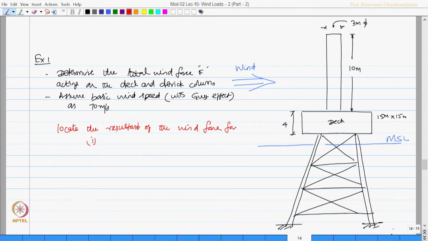For 1, sustained wind speed acting constant over the entire height. 2, wind speed follows API spectrum.